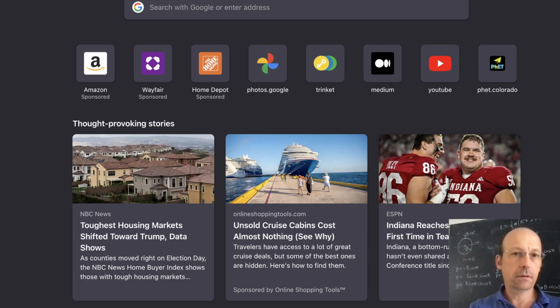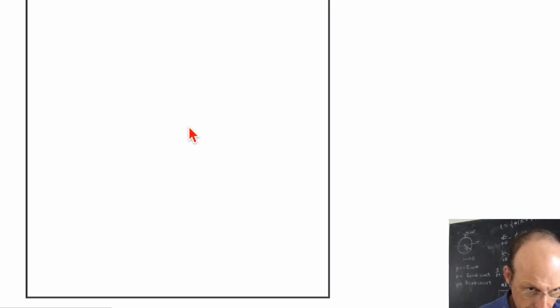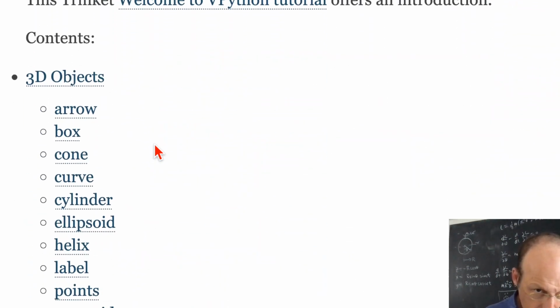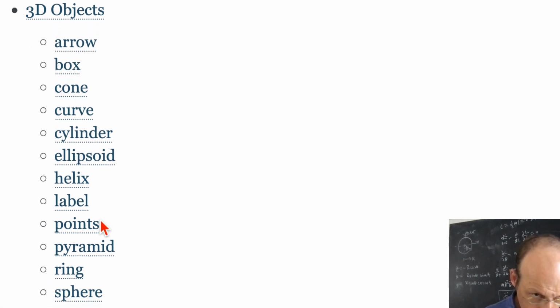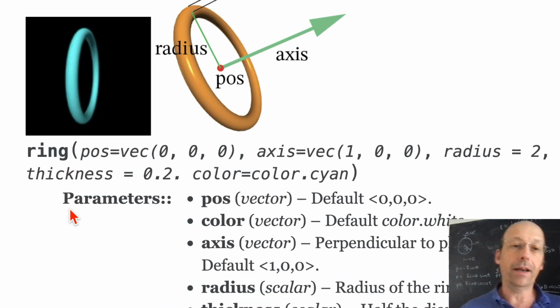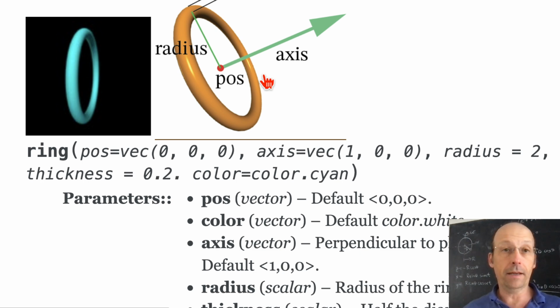Let's just check. GlowScript help. Object. So I got an arrow, a box, cone, curve, cylinder, ring. They do have a ring. Okay, great. Okay, so the position, the axis, the radius, the thickness. Okay, so it's a ring.